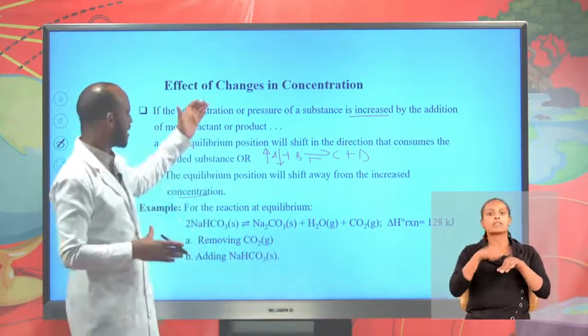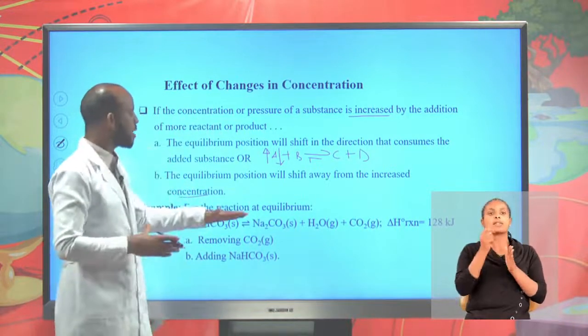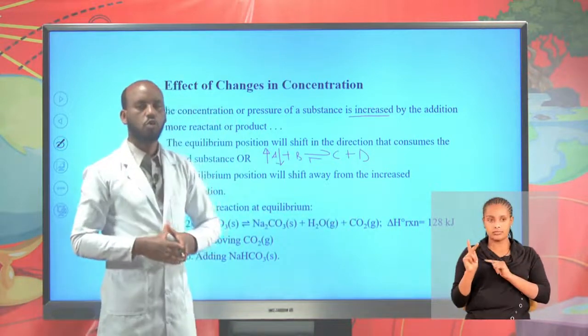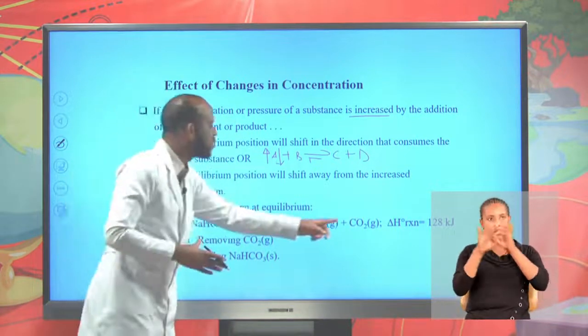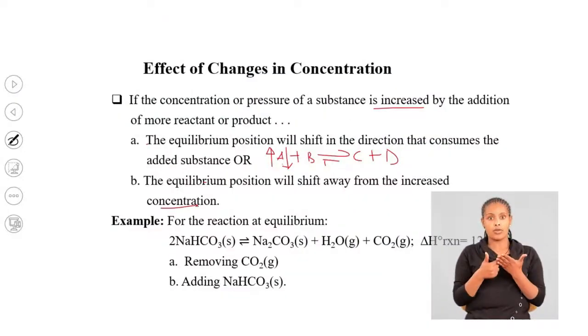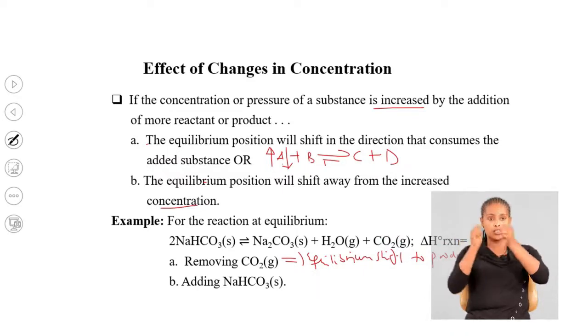As predicted by Le Chatelier's principle, the equilibrium shifts to the product side to replenish the removed carbon dioxide. Therefore, equilibrium shifts to the product side, or equilibrium shifts to the right.